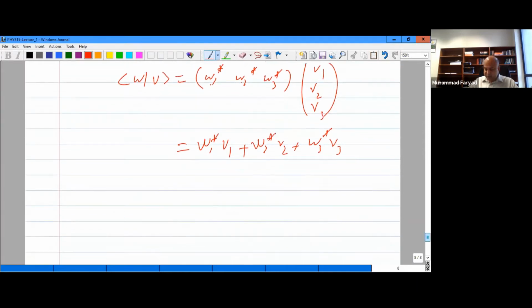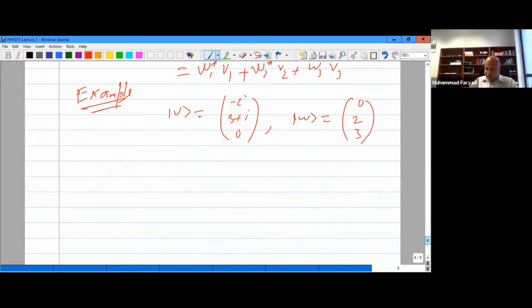Okay, let me take an example. For example, if I have a vector V as minus iota 3 plus iota 0 and a vector W as 0, 2, 3, and we want to find out this inner product of V with W. So this is a column vector, this becomes a row vector iota 3 minus iota 0, times 0, 2, 3.